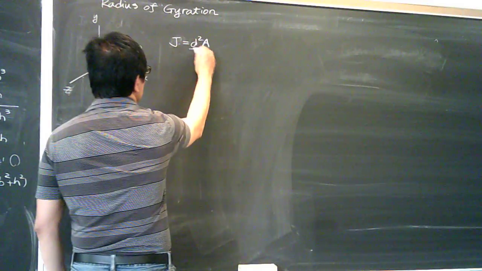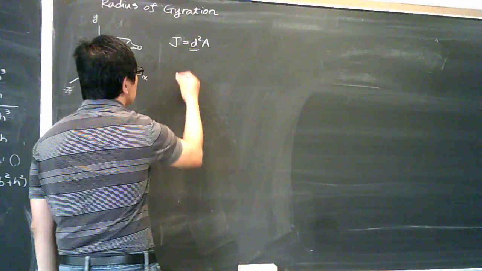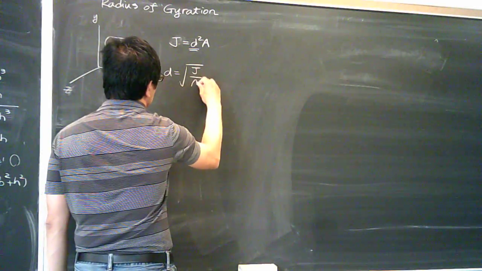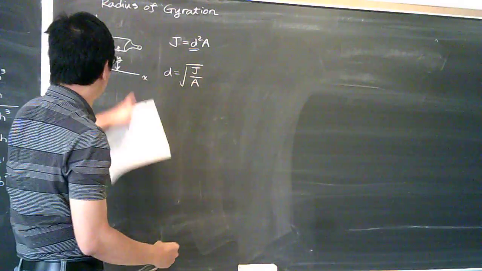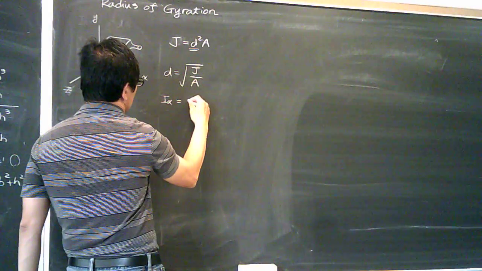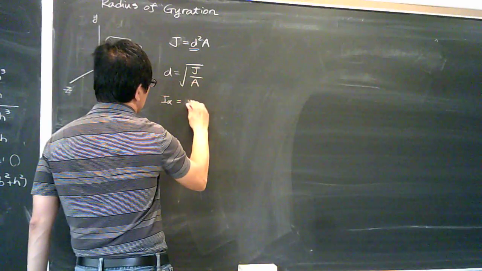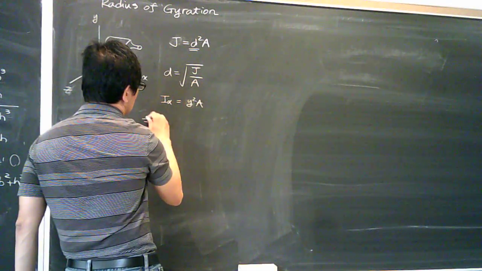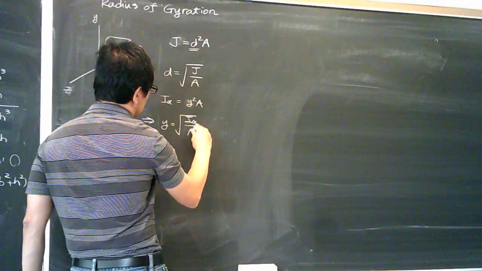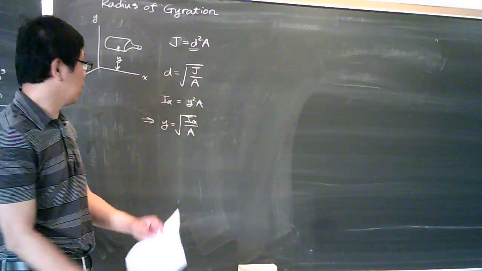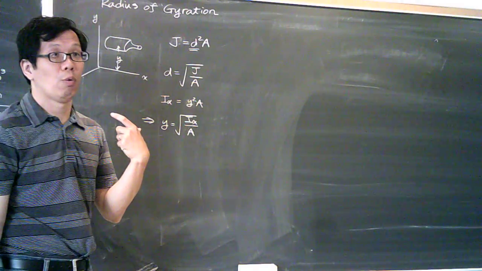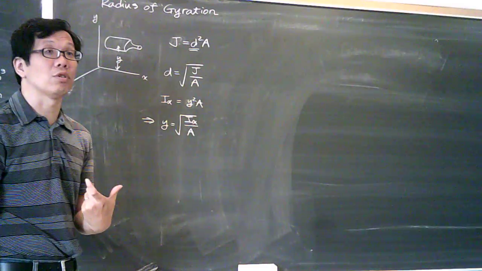So this is the effective radius. So d equals the square root of J over A. If you find out the Ix in this term, it's going to be y squared A, then y equals the square root of Ix over A. Because everything over here is a definition, you cannot change it.